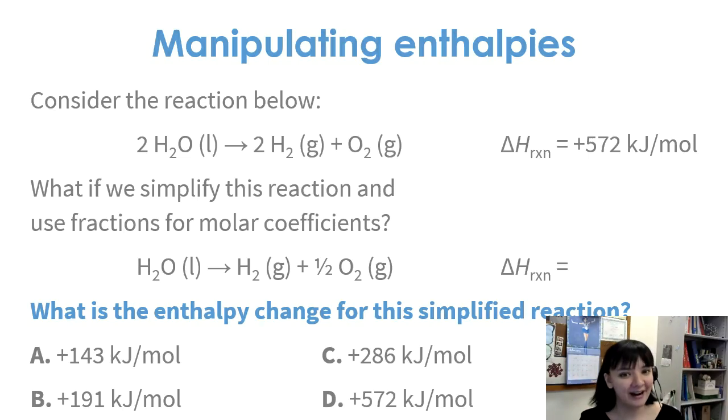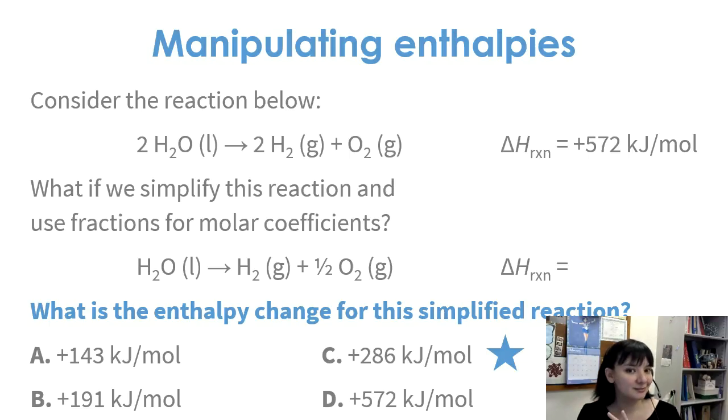For this halved reaction, the enthalpy change is also halved as a result. So our second reaction here actually has an enthalpy change of positive 286 kilojoules per mole, whereas the doubled version had positive 572 kilojoules per mole.